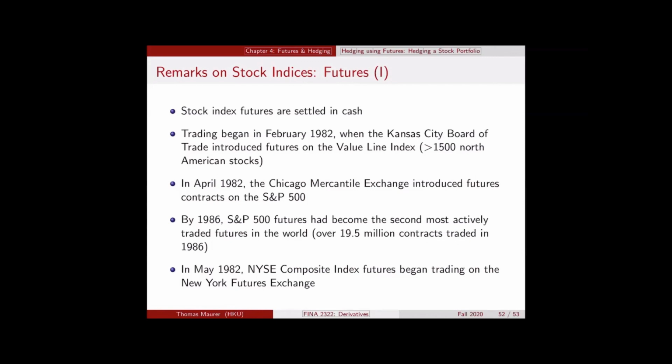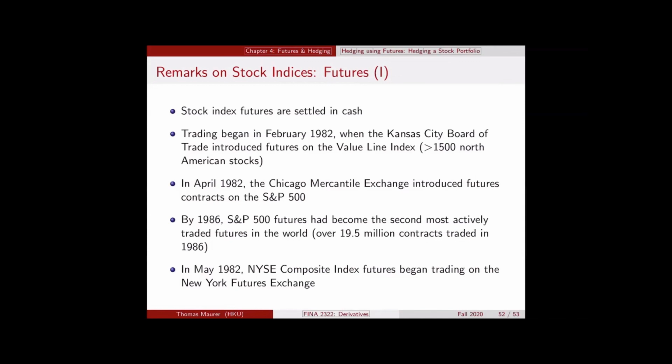Trading of index futures started in February 1982, and the first futures in the US were traded on the Value Line Index, which is an index of 1,500 stocks in North America. Later in 1982, the Chicago Mercantile Exchange also introduced futures written on the S&P 500, which has become the most popular contract traded in the market nowadays.